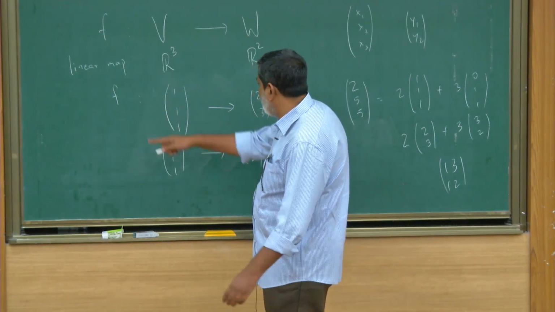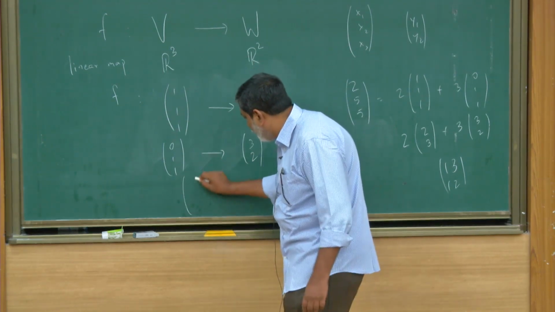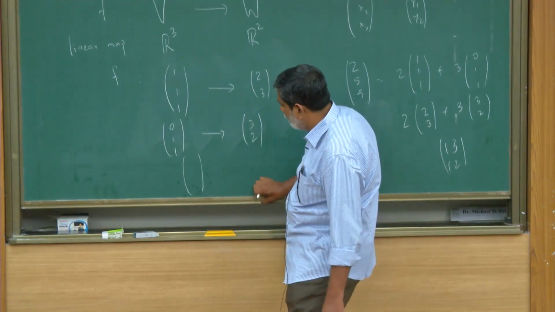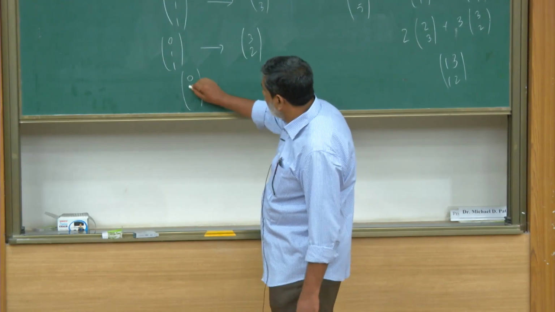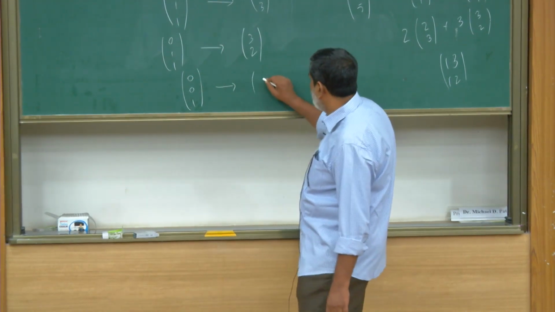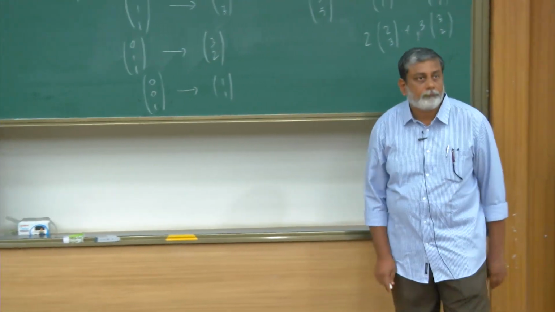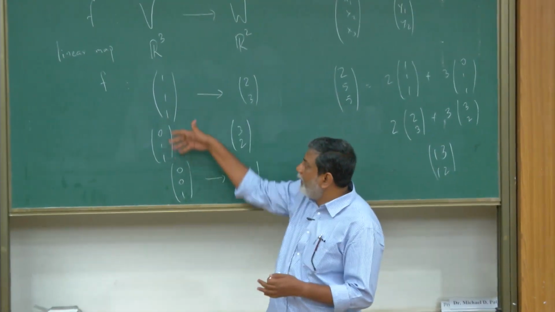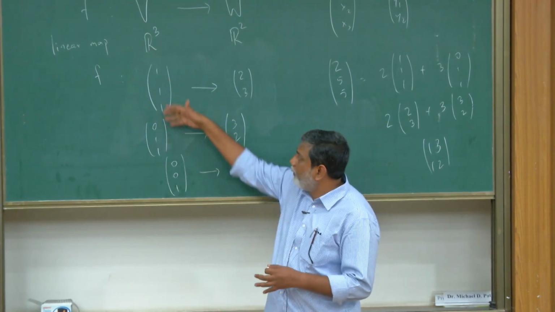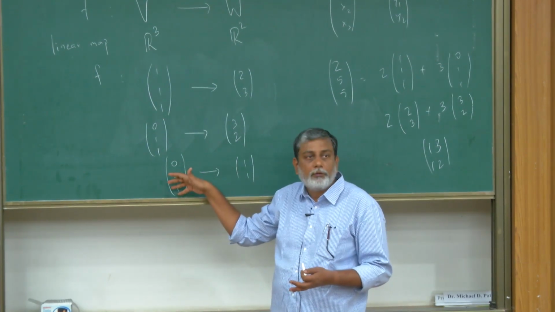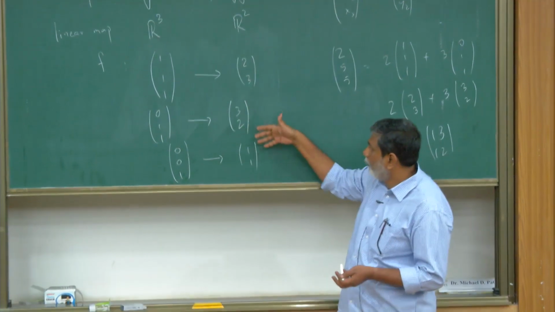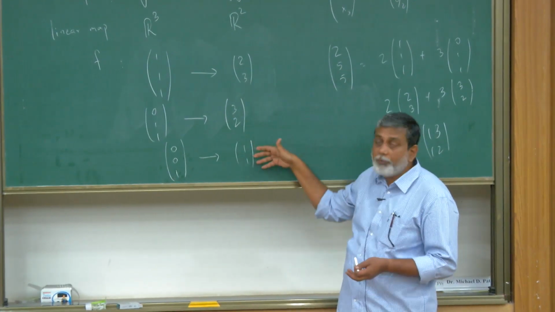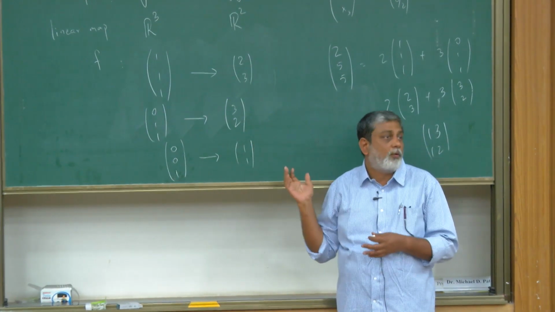Now, in addition, let's say f also takes the vector (0, 0, 1) to (1, 1). Okay? Now, if you take any linear combination of these three vectors, then the corresponding linear combination of these image vectors will give you where it goes to.